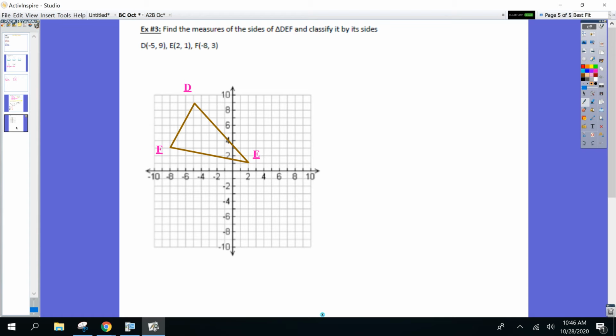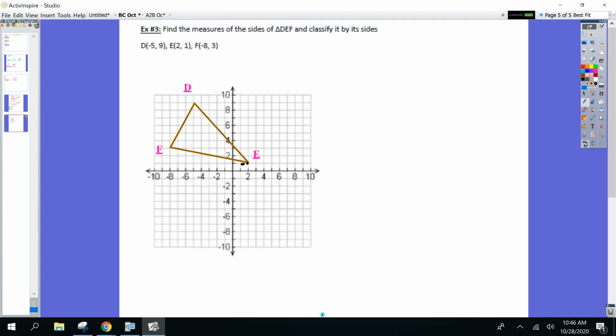So for instance, if I wanted to find the length of EF, I could turn this into a right triangle. And then this would be my C value, and A squared plus B squared equals C squared. Or, I just heard it, we could also get out the old distance formula from Unit 1, which I am going to do.